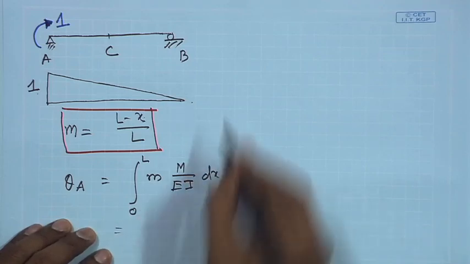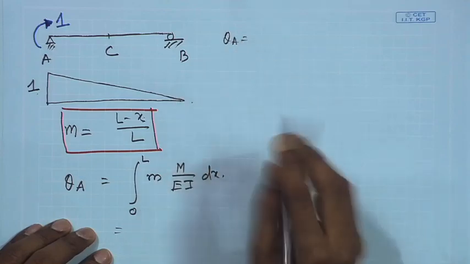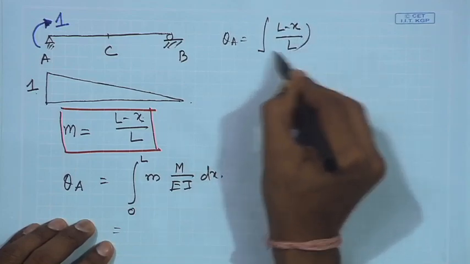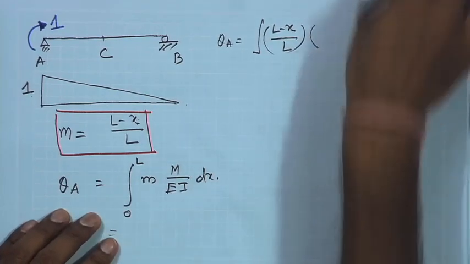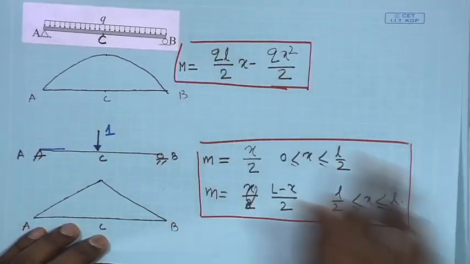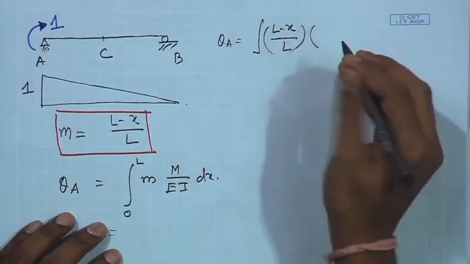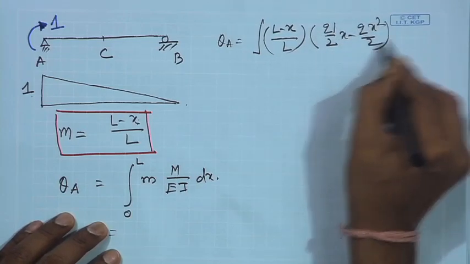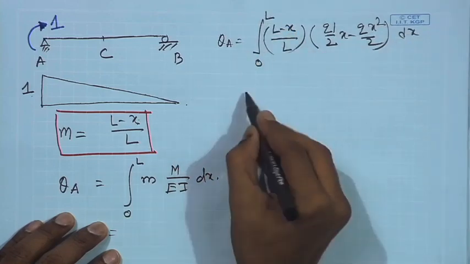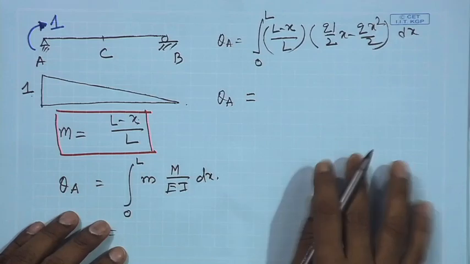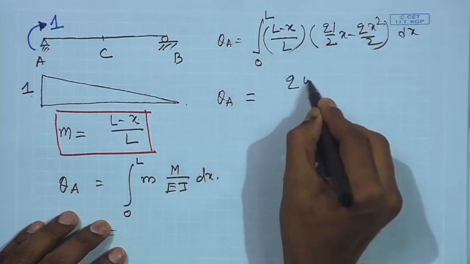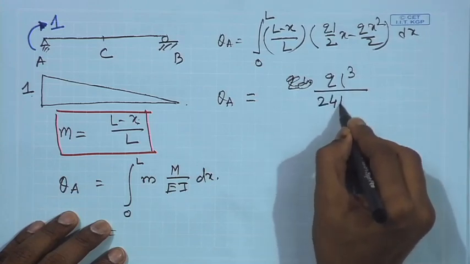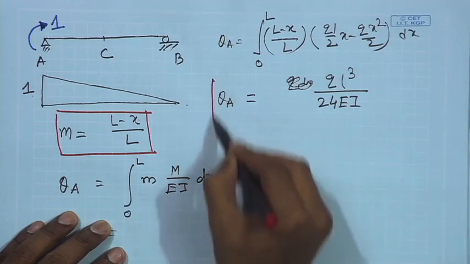Let us say theta A is equal to the integral, where small m is (L minus x) by L, and capital M is q L by 2 x minus q x square by 2, dx, and this integration is from 0 to L. And then theta A becomes, you can try this, q L cube by 24 E I. So, this is theta A.